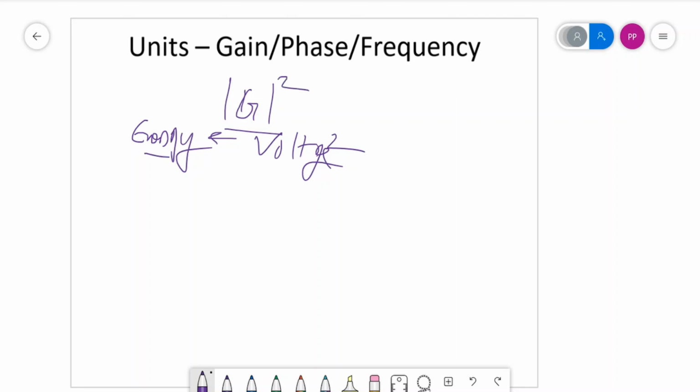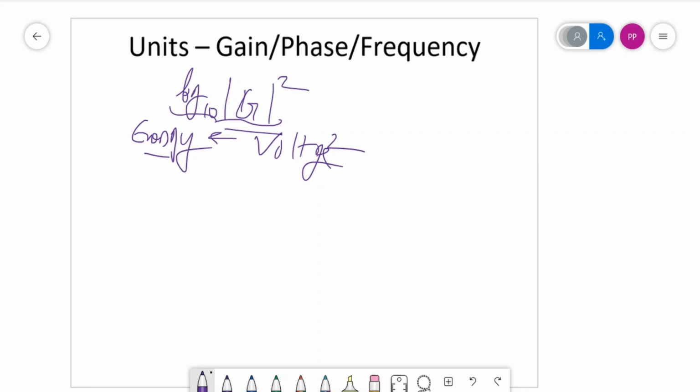So I am doing gain square, taking logarithm base 10 because the range is very large. So I am converting into logarithmic scale to reduce the size of the plot which I am going to draw on the graph paper.